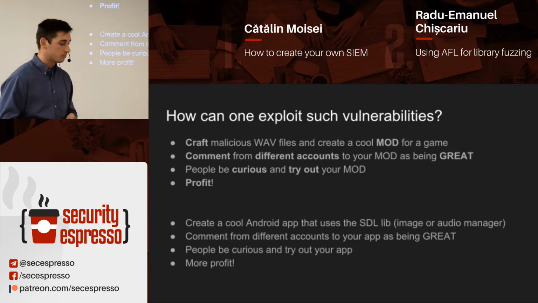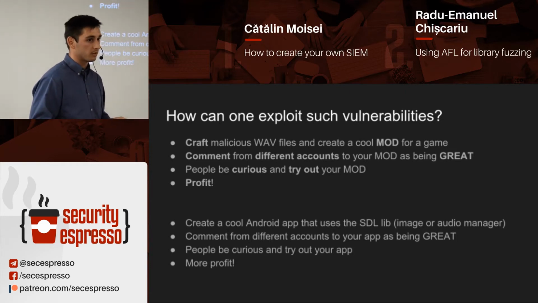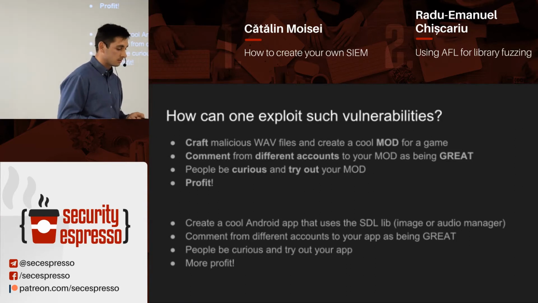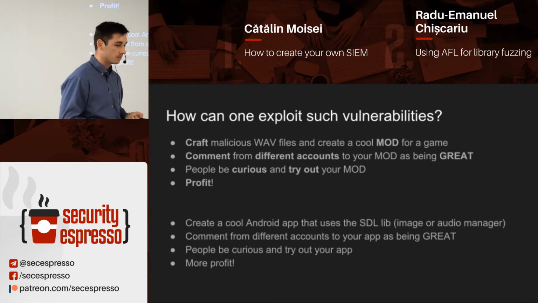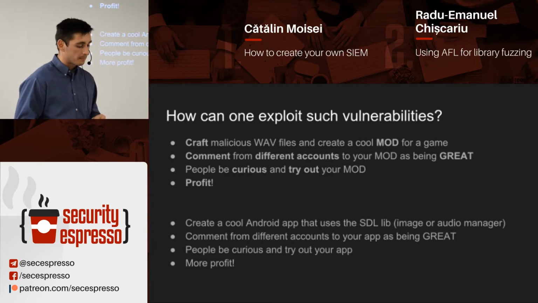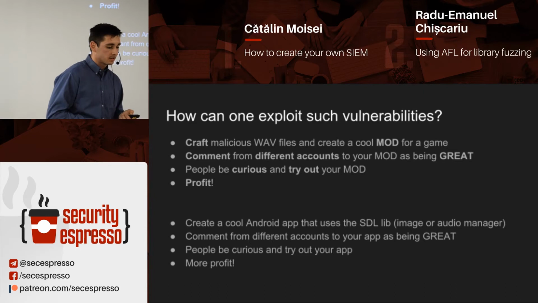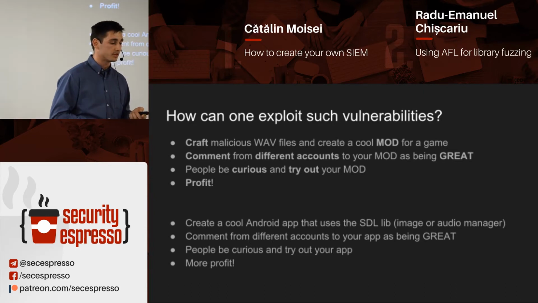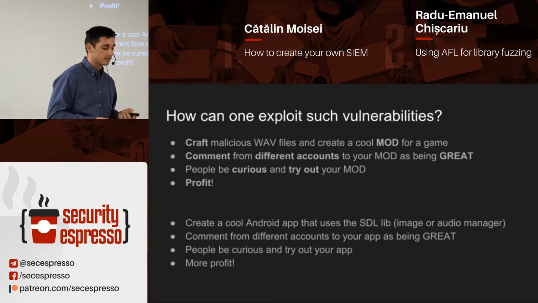Also, I wanted to say, you probably might wonder now, everything is nice, but how can you actually exploit these vulnerabilities? There are two scenarios. They're very much similar, and they are connected because they both make use of social engineering. So you come up with an application or a mod for a game that you're interested in.